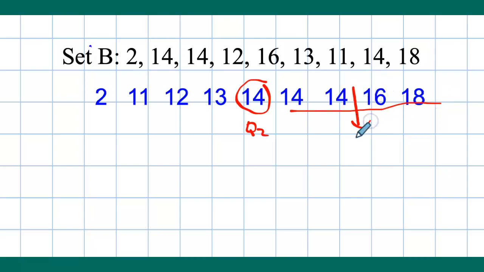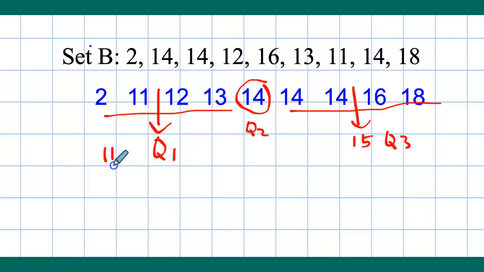This is going to be 15, definitely. That's our Q3, and here it's going to be 11.5. That's going to be our Q1. And definitely the lowest number is 2 and the highest number is 18. Our set of data is 2 to 18.